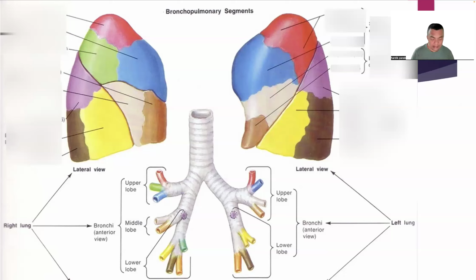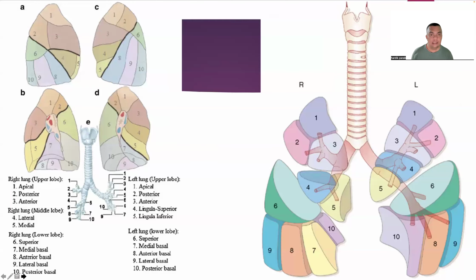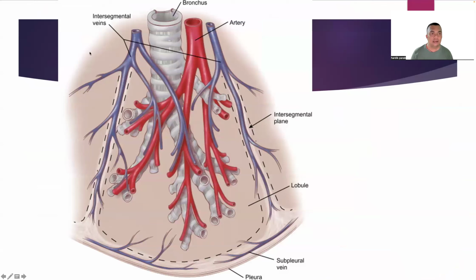Each one is aerated by a tertiary or segmental bronchus. As we had discussed already, the tertiary bronchi are also called segmental bronchi. So each bronchopulmonary segment is supplied by a tertiary or segmental bronchus. Each segment is pyramidal in shape. You can see here it is a wedge or pyramidal shape.